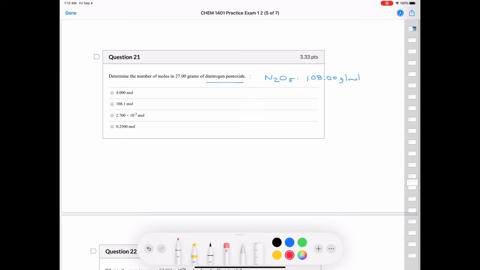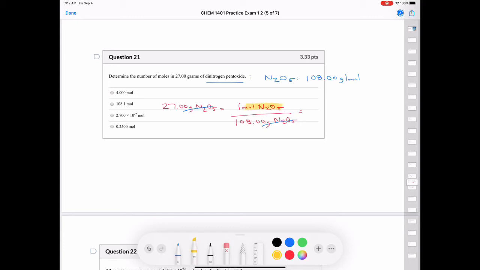And now I can set up my dimensional analysis. So I start with 27.00 grams of dinitrogen pentoxide, and I know that in 1 mole of dinitrogen pentoxide, I have 108 grams of dinitrogen pentoxide, like that. All right, and so we can cancel out the grams of dinitrogen pentoxide.